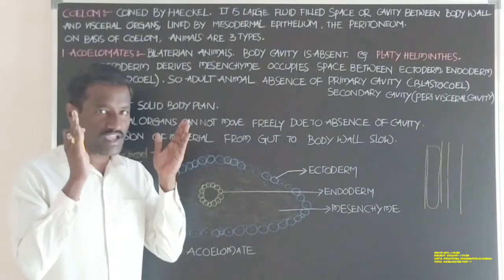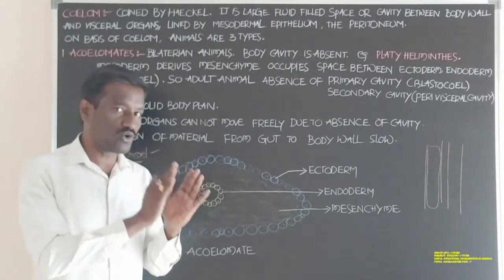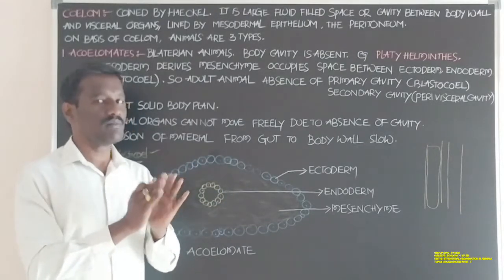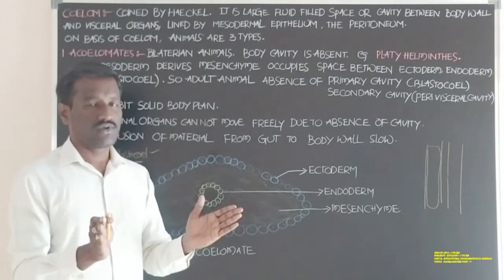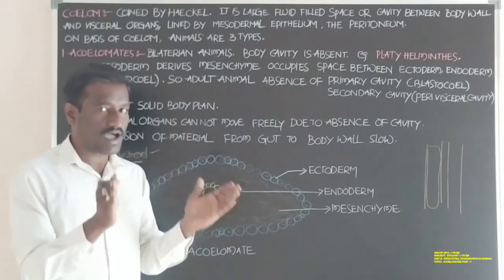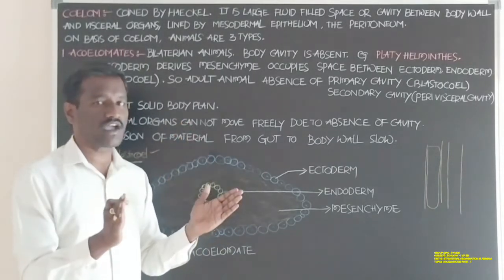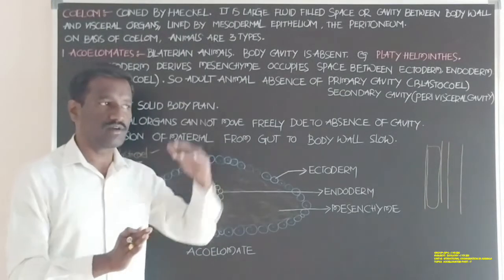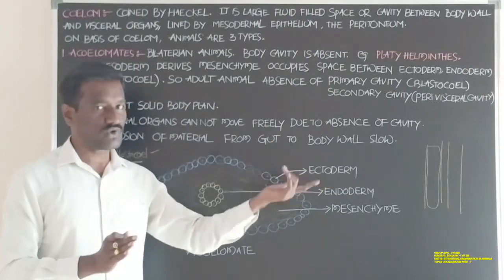The entire space between the ectoderm and the endoderm is occupied by mesenchyme fluid, so the entire blastocoel, or primary body cavity, is occupied by mesenchyme fluid derived from the mesoderm.